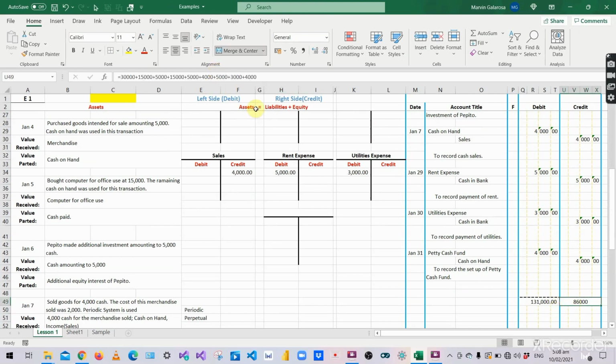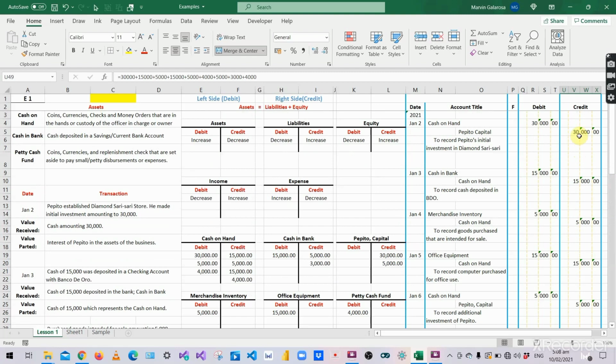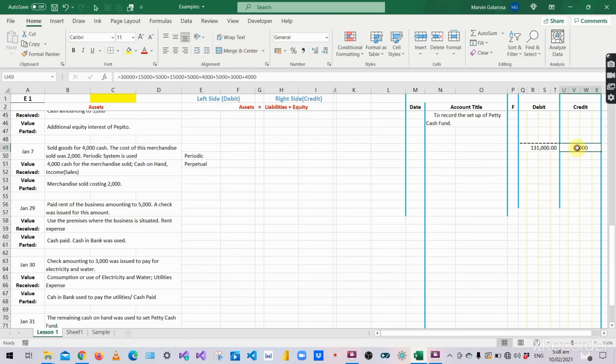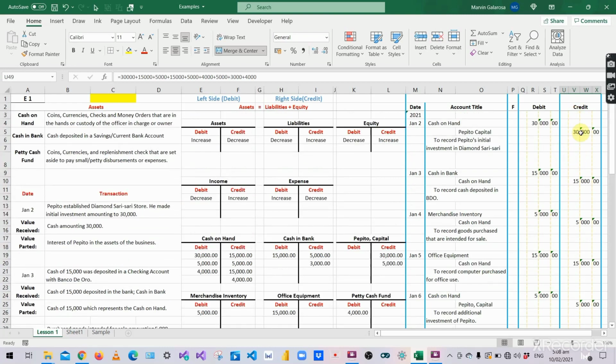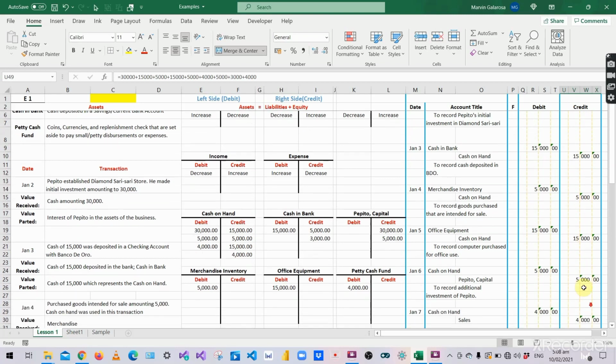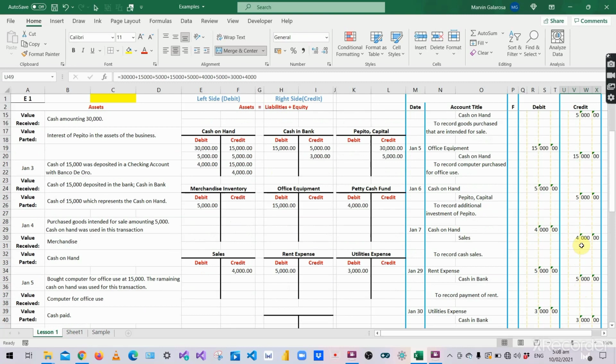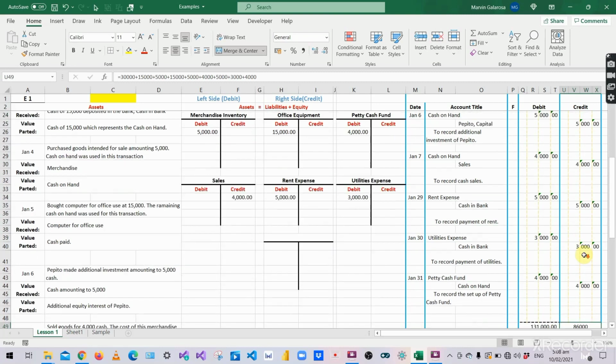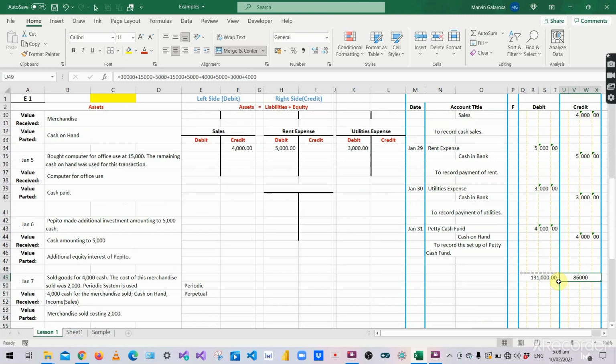May kulang tayo. Check natin ulit. 30,000 plus 15,000 plus 5,000 plus 15,000 plus 5,000 plus 4 plus 5 plus 3 plus 4. Check naman natin yung debits.